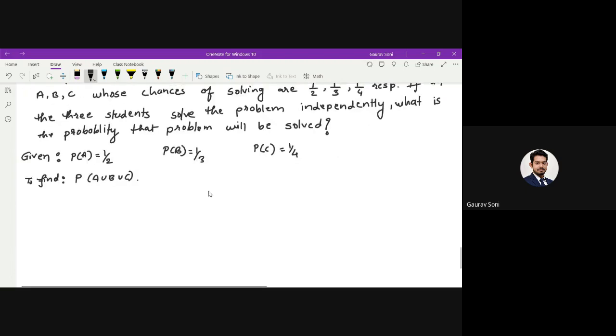So here's the formula. Probability of A union B union C is equal to probability of A plus probability of B plus probability of C minus probability of A intersection B minus probability of B intersection C minus probability of A intersection C. Fine.